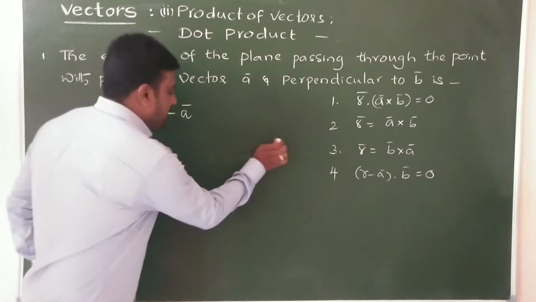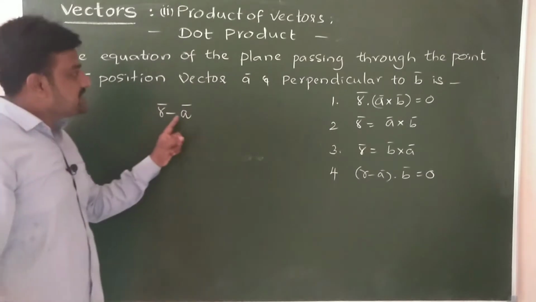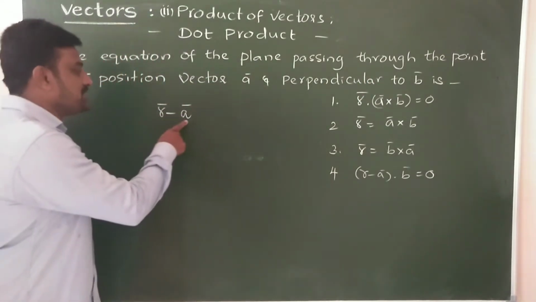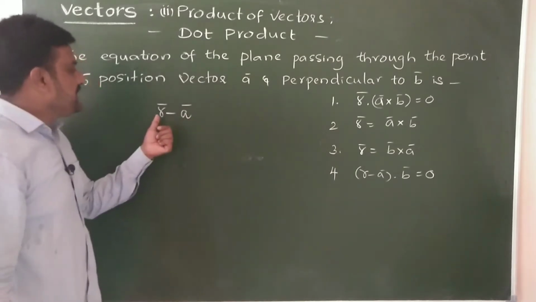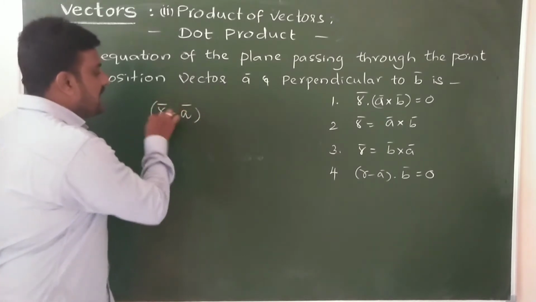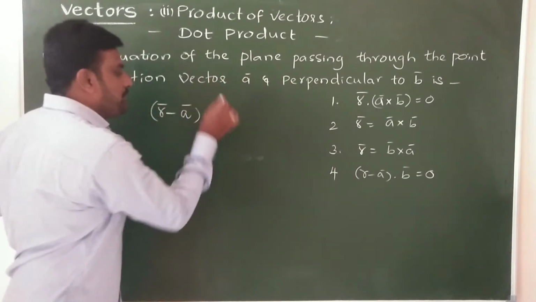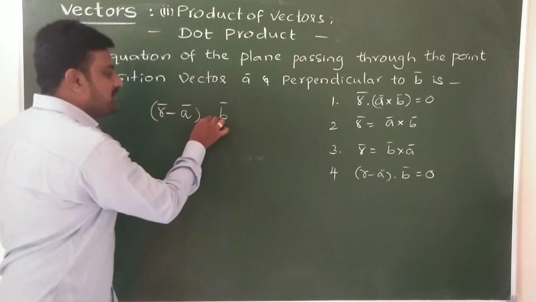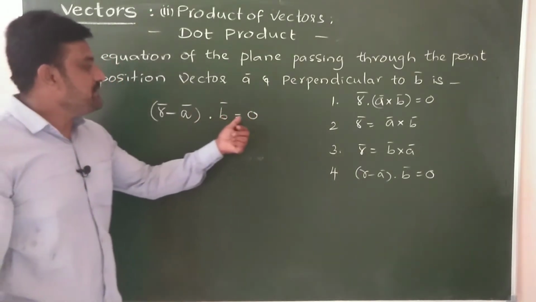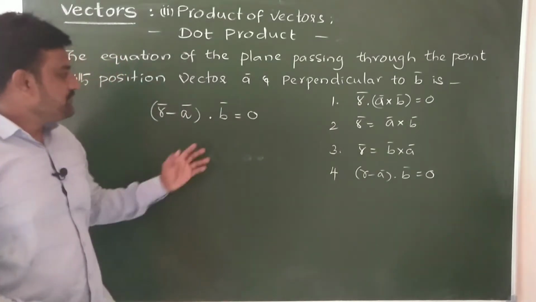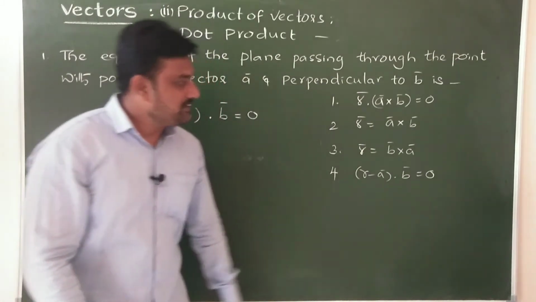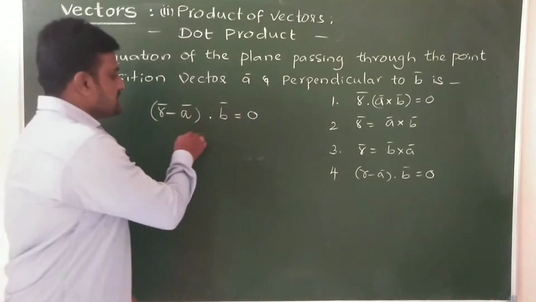So the plane passes through A, so the vector is r minus A, and it is also perpendicular to B. So the dot product will be 0. Okay, (r minus A) dot B equals 0. So our option is (r minus A) dot B equals 0. Now this is the answer.